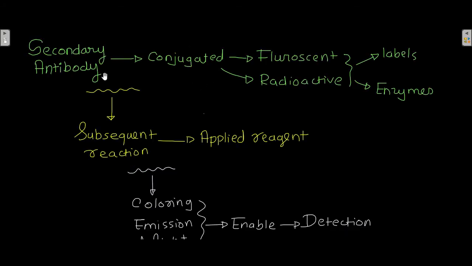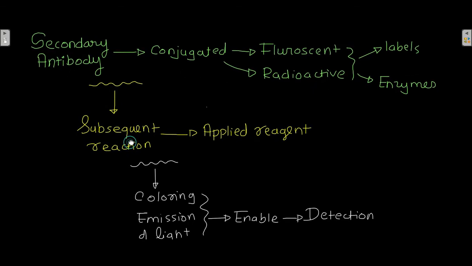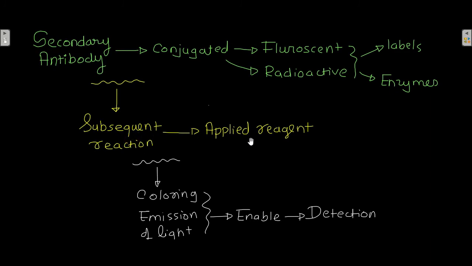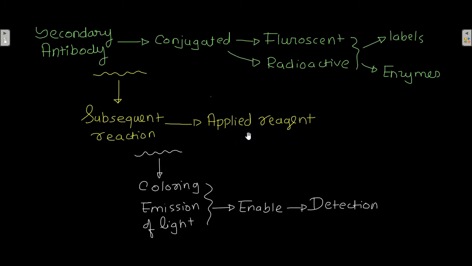These secondary antibodies are conjugated with fluorescent or radioactive labels or enzymes, and they give a reaction when subjected to a particular reagent, producing color or emission of light which enables detection of the secondary antibody.